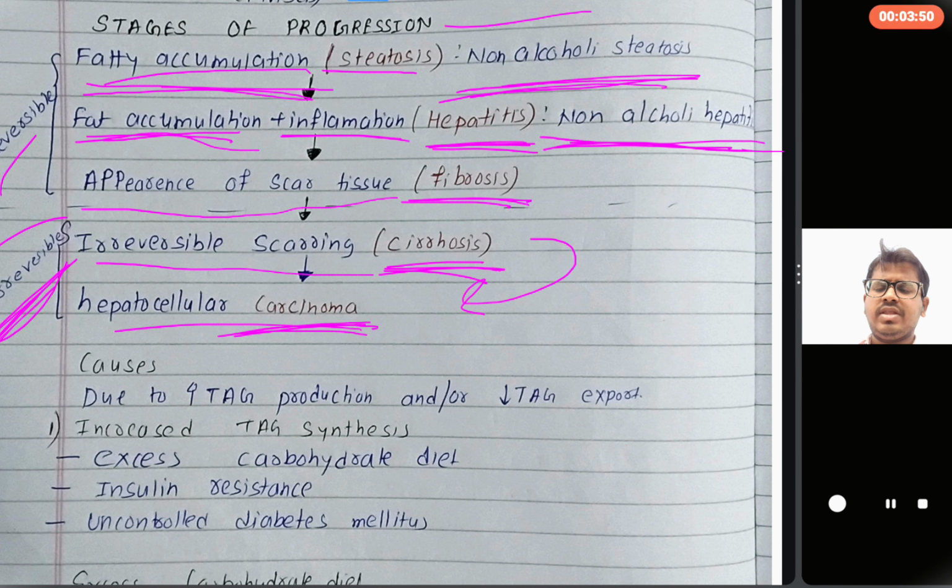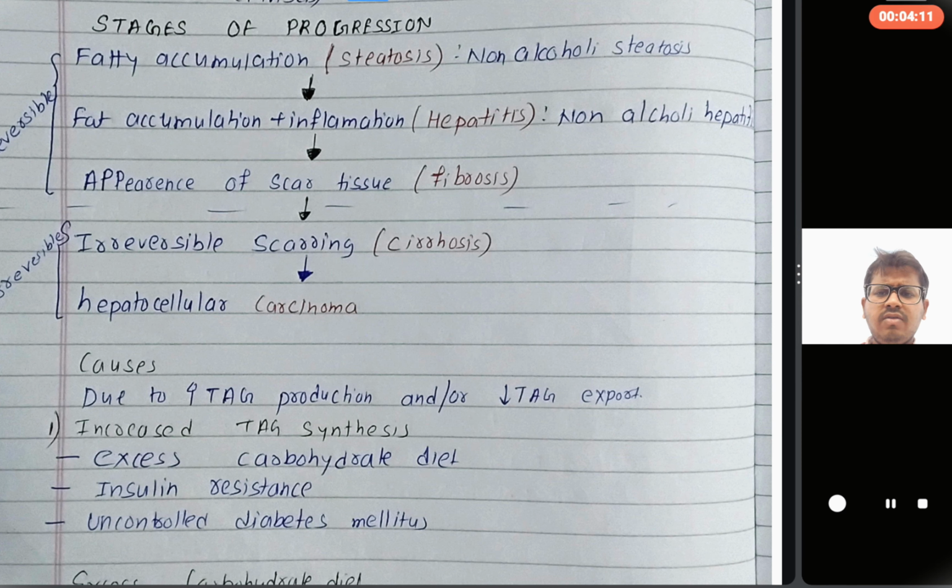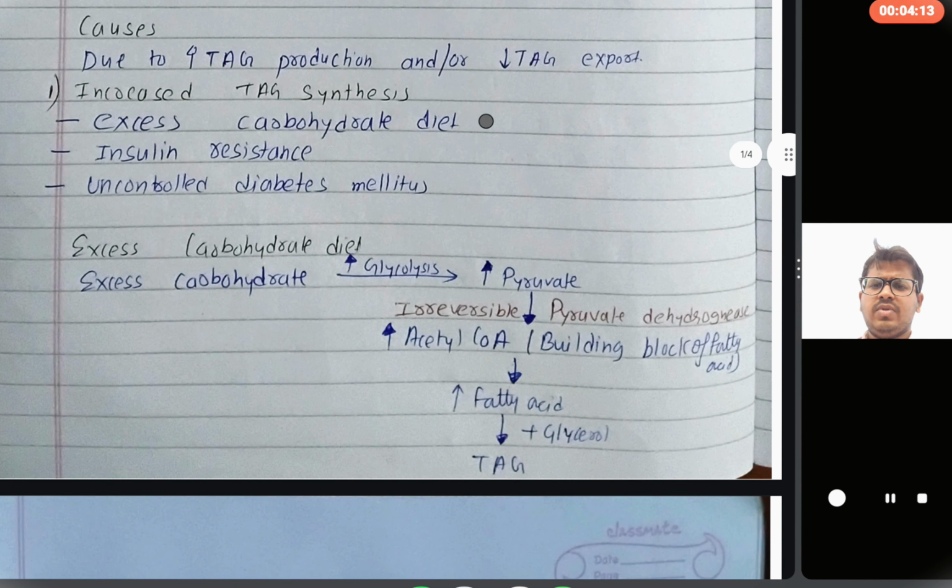First there is fat accumulation, then inflammation. After that there is scar formation, scar tissue, that is roughness on the tissue. Then the irreversible stage starts, that is irreversible scarring, more scar is there. Then after that there is hepatocellular carcinoma.